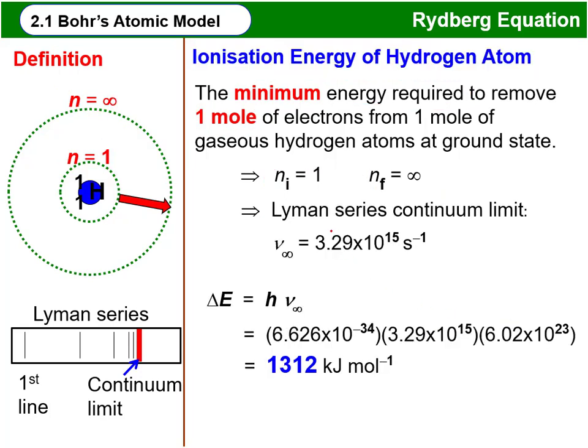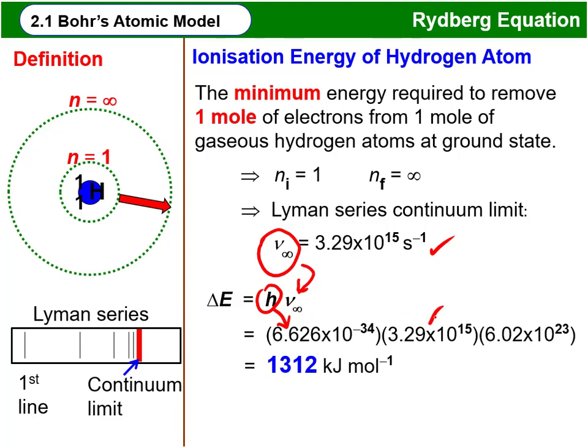Next, the Lyman series continuum limit is when the frequency is given as here, 3.29 times 10 to the 15 second negative 1. So since for the Lyman series continuum limit the frequency is given, right? Of course, you can insert it here. h is the Planck constant, take it from the front.